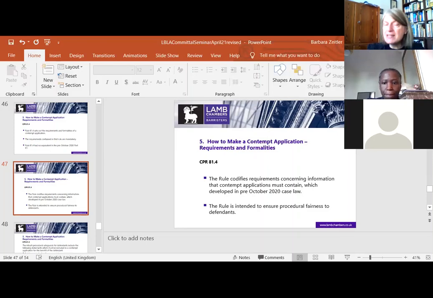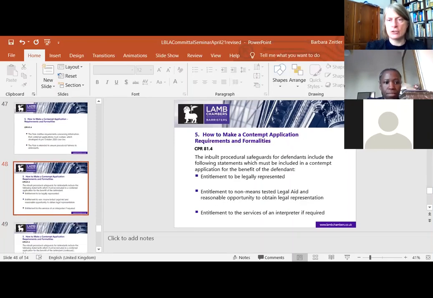The very important reason for these requirements is because they are designed to ensure procedural fairness to the defendant, bearing in mind in particular the serious consequences or potentially very serious consequences of a committal application.